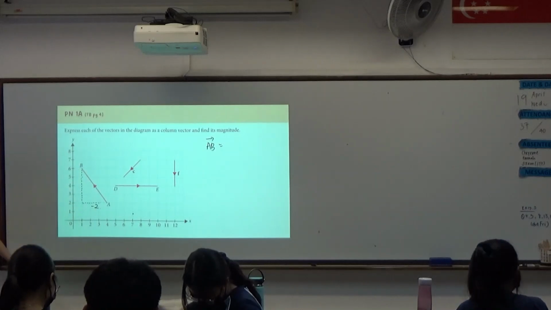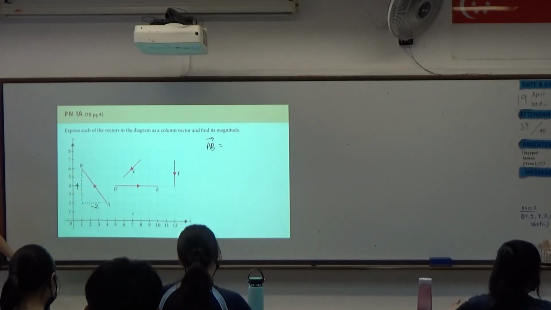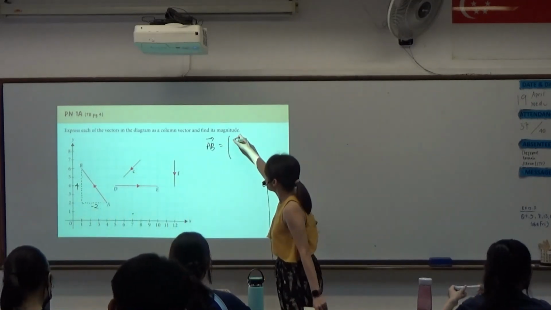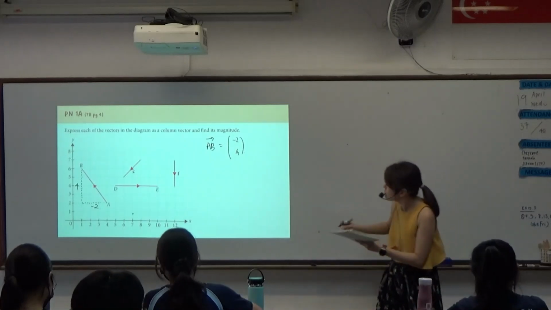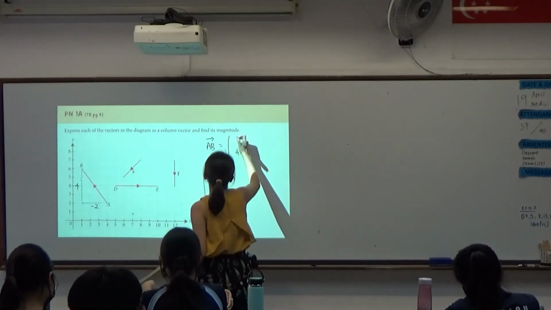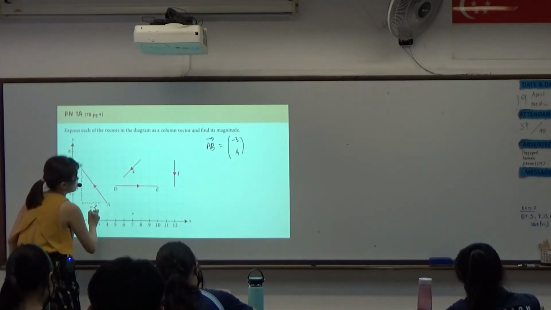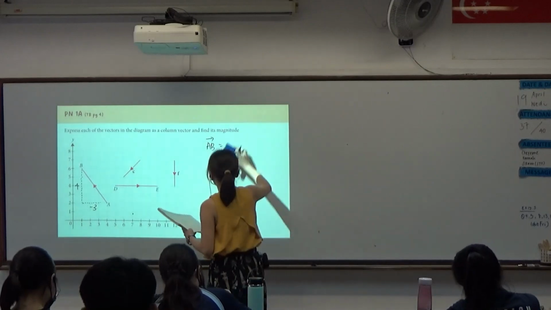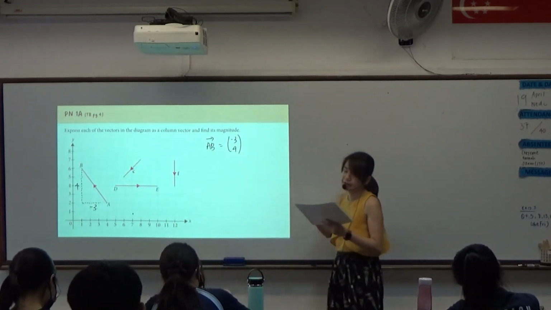So we can only move horizontally or else vertically. Going upwards, we have moved 4 units, a positive 4 units. Hence, in this case, our column vector will be negative 3 and 4. So that's our column vector.